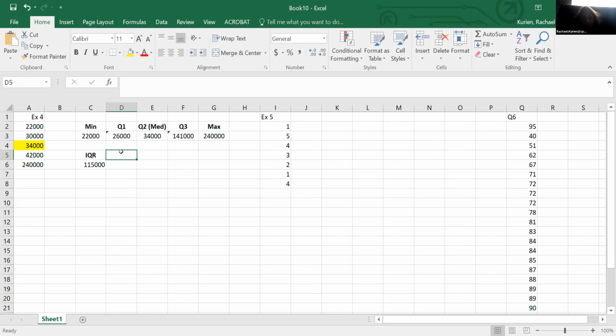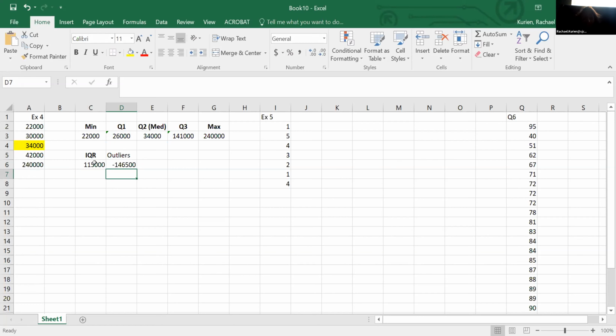All right, to figure out outliers, let's check on the left side. So you have Q1 minus 1.5 times IQR, and you get negative 146,500.